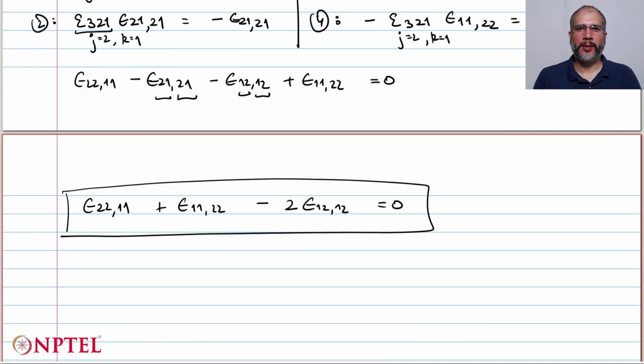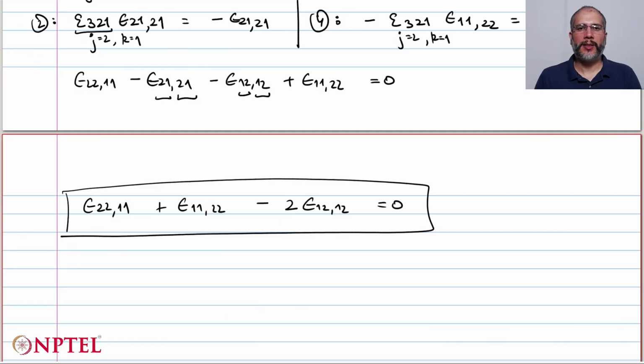I hope that you appreciate the idea of compatibility, and you also appreciate how we get to these equations, where for us the starting point was the curl of epsilon, which came out to be 0 for the definition of epsilon in terms of the symmetric part of the displacement gradient tensor. So this compatibility was shown for an infinitesimal strain tensor epsilon, but when the motion is finite, then it is the deformation gradient tensor F that is of interest.